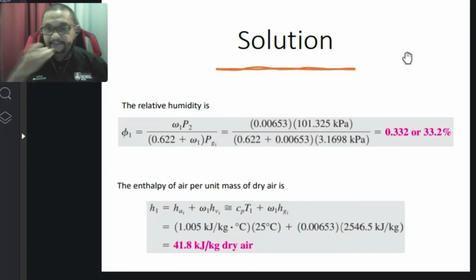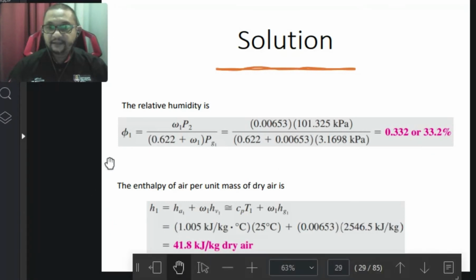B, the relative humidity. Using the equation phi 1 equals omega 1 P2 over (0.622 plus omega 1) Pg1, put in all the values and you will get the relative humidity as 33.2%. And C, the enthalpy of the air per unit mass.